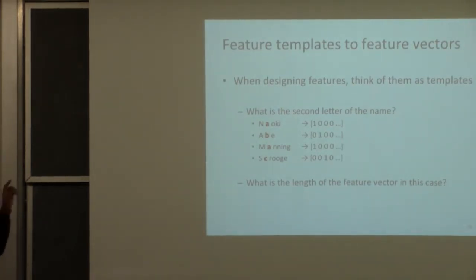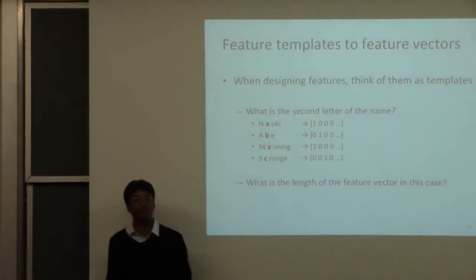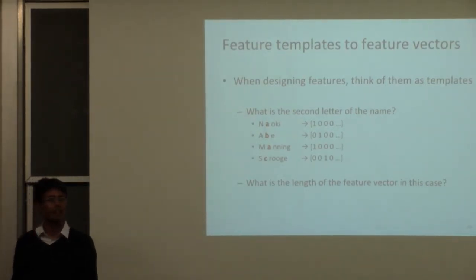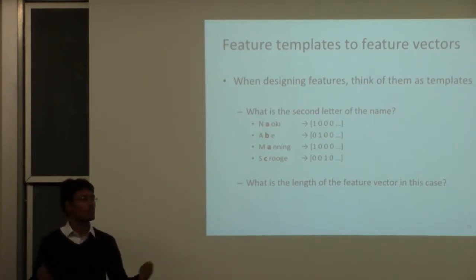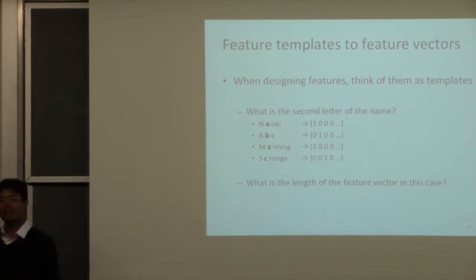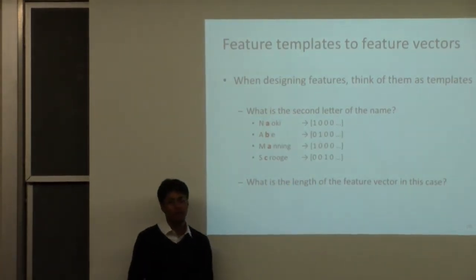So this is how I take a function whose answer, the second letter, is not a boolean and not a number. How do I take something that's categorical, like a character, and convert it to a vector? What you do is you assign a different dimension for every category. So here, the first dimension corresponds to A, the second one corresponds to B, and so on.